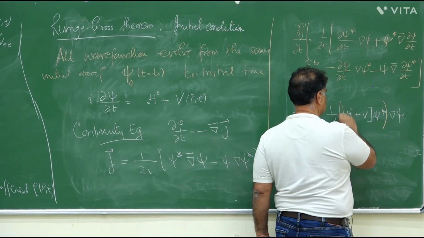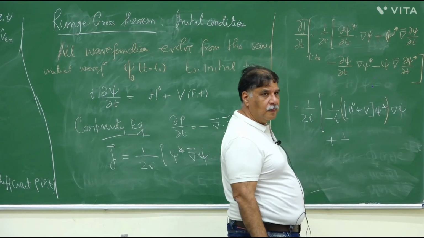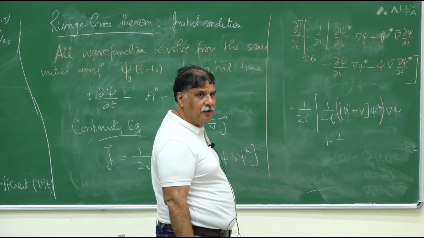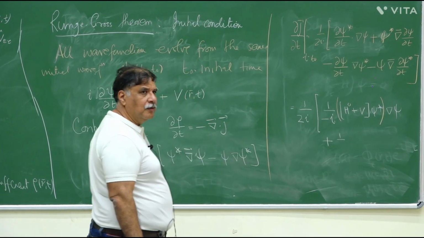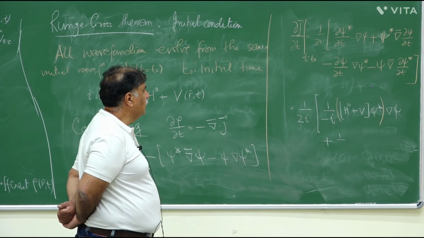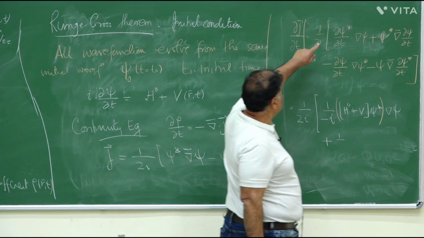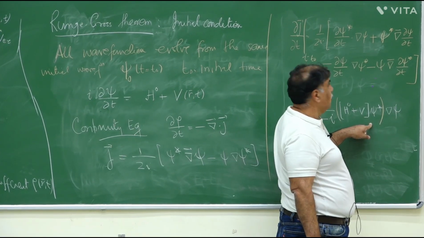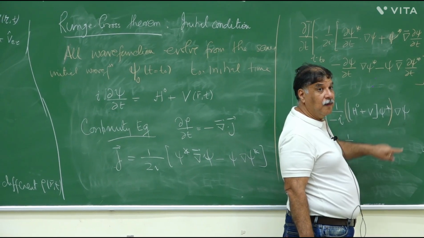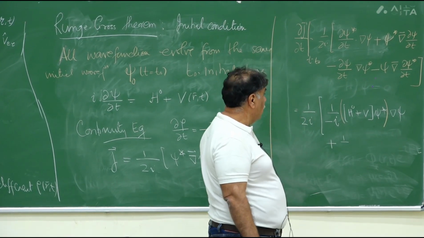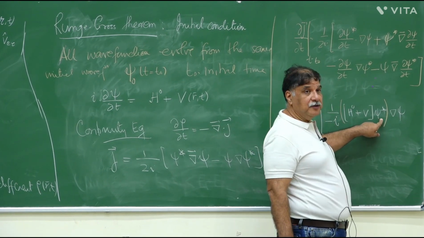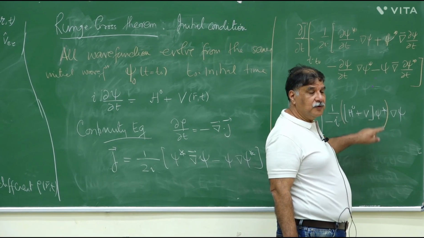But my question is that you are writing the value of del psi star by del t, and then I wrote del psi also. H naught plus B is operating on psi star. What is the problem?